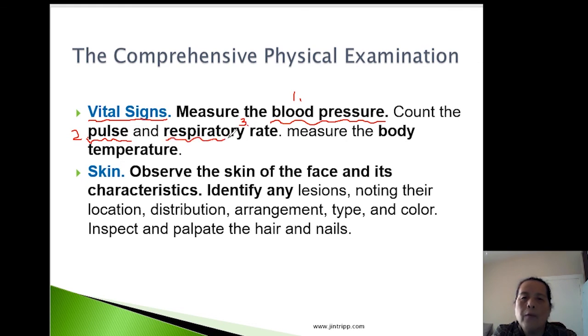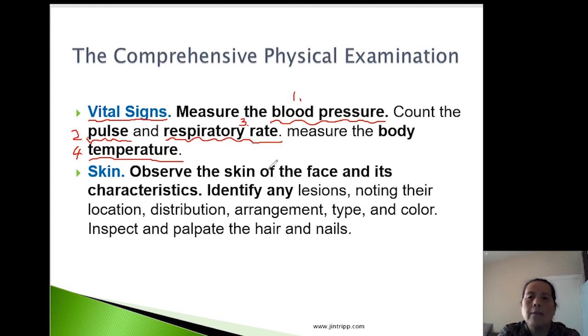We still have a normal range for respiration rate. And the last one is body temperature. So these four aspects together, we call vital signs.